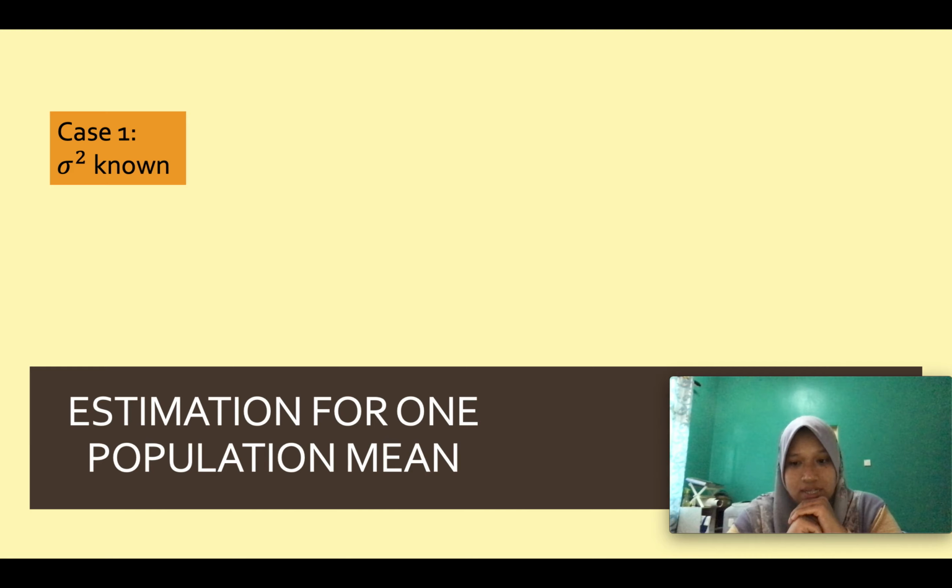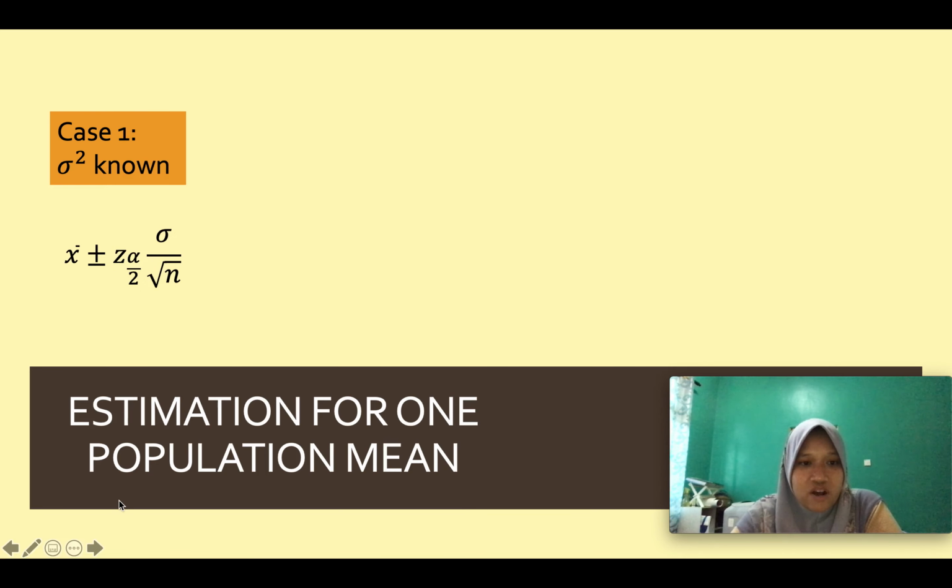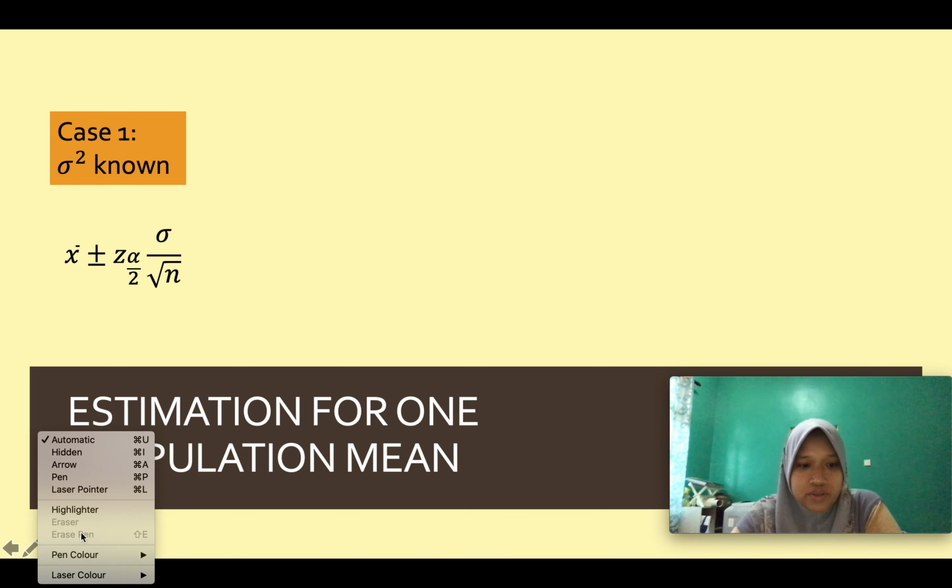If sigma square, that is the population variance. So if you are given the value of variance or population standard deviation, the formula that we will be used is x bar plus minus z alpha over 2 sigma over square root n.